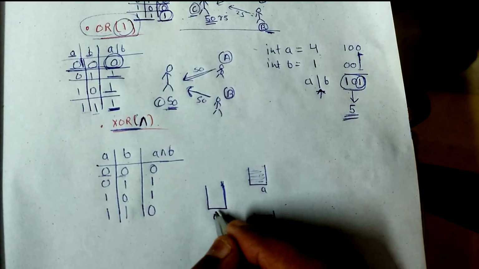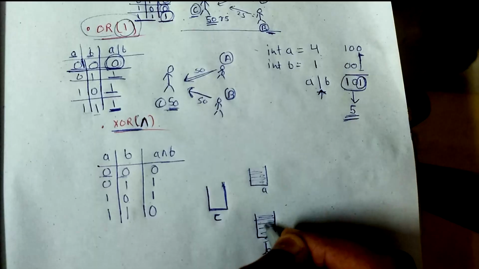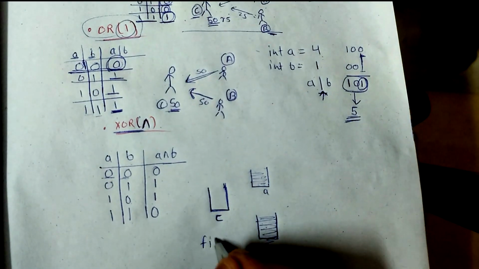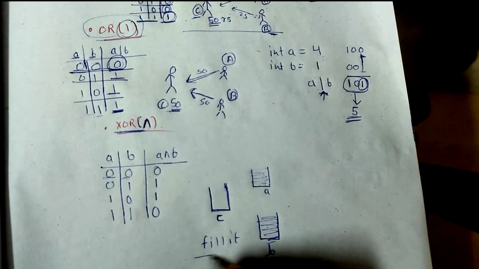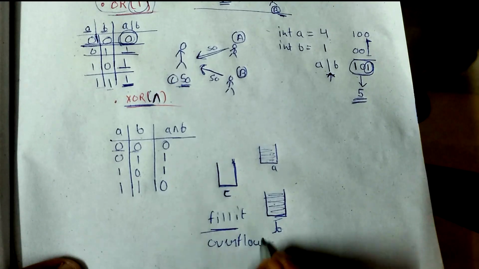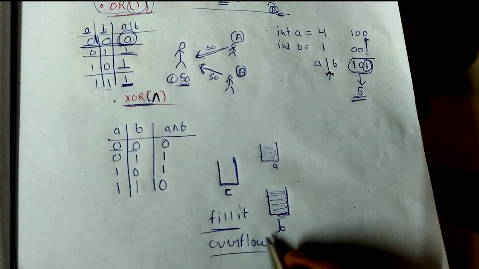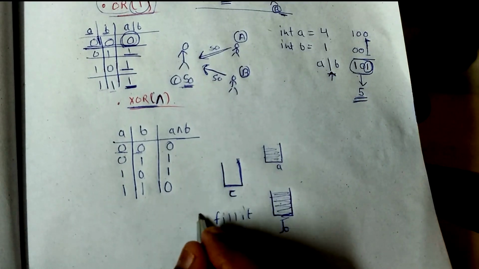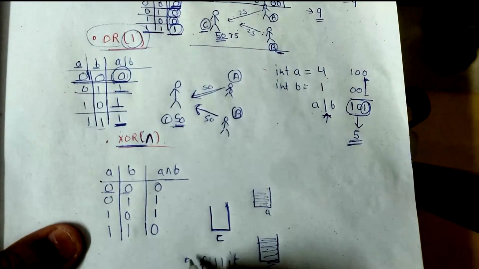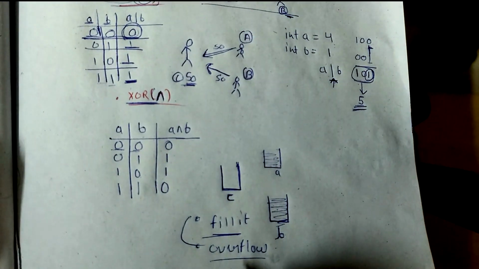Now you want to fill the bucket C using these buckets, but you don't want to overflow it. So just to take a very simple analogy, you don't want to overflow it, you just want to fill it. So now these are the two conditions for this simple scenario.